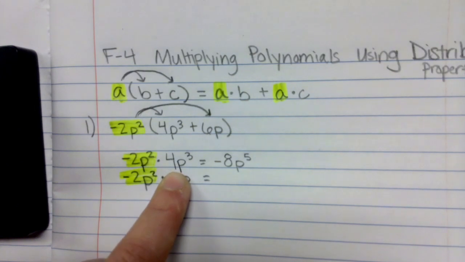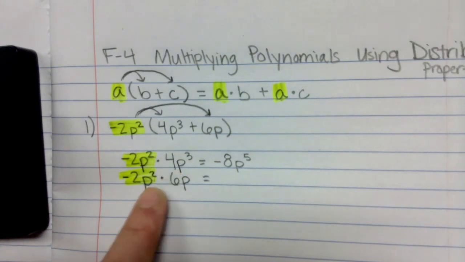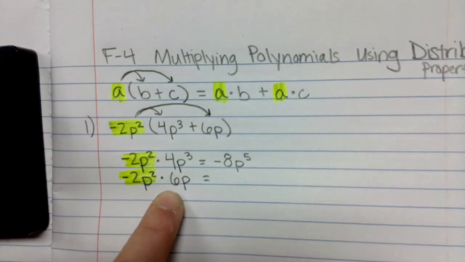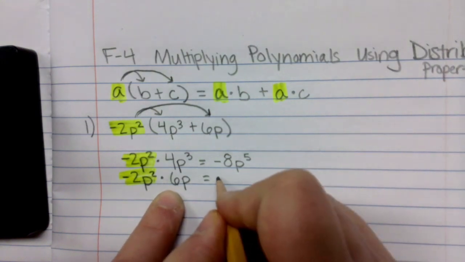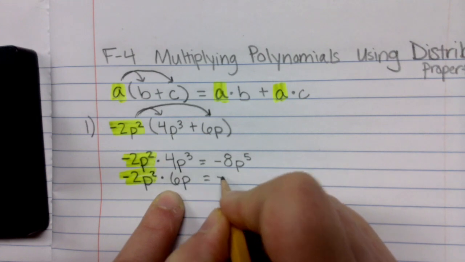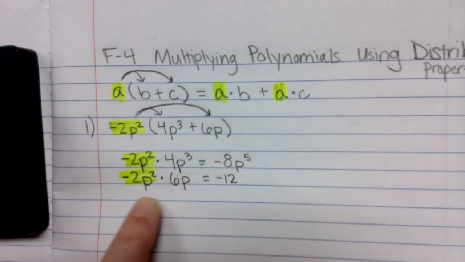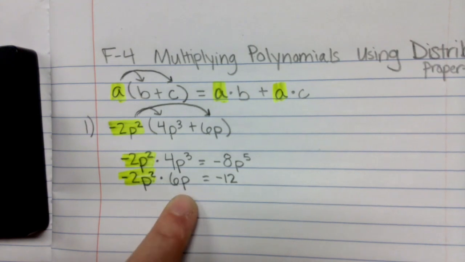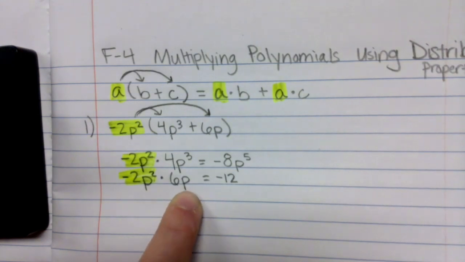Alright, now on the second one, negative 2 times 6, negative 12. Now p squared means I have 2 p's, p times p. What does just p mean? 1. So if I have 2 p's and another p, how many p's total? 3.